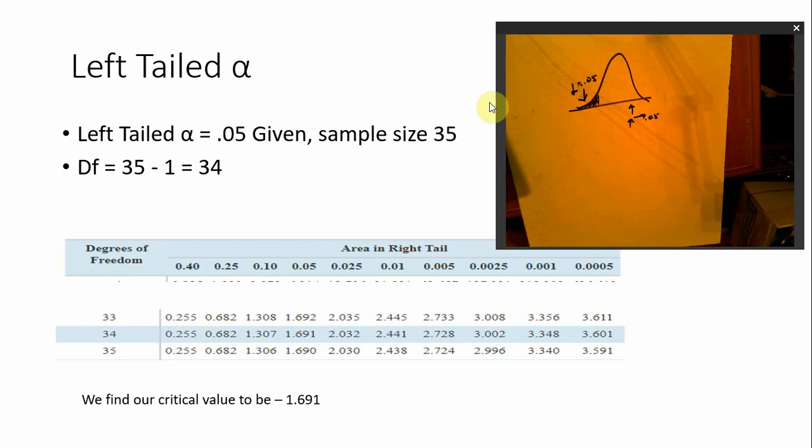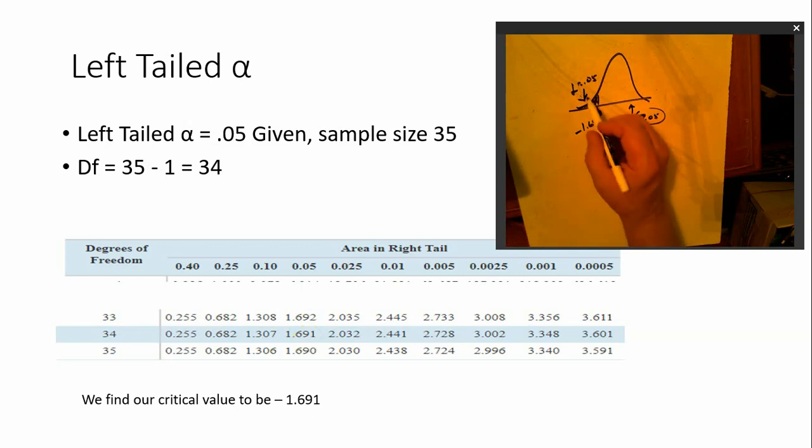Since it's only got half the chart, it doesn't give me the full area, but it's symmetric, so I just go to the 0.05 degrees of freedom and I say this would be 1.691, so this would be negative 1.691. If this was 0.05 to the right, this would be the very same symmetry, and alpha 0.05 to the left, except it's just a negative number, and I just used the negative version.